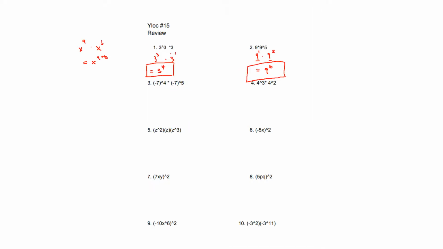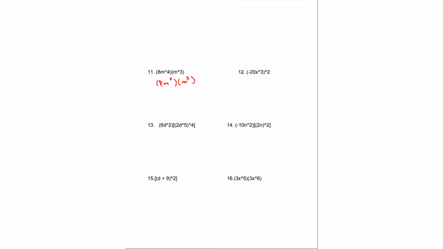Okay. This next page here, number 11 is multiplying 8 times m to the power of 4 times m to the power of 3. Here, it's the same thing as before, except this time you have a constant of 8.